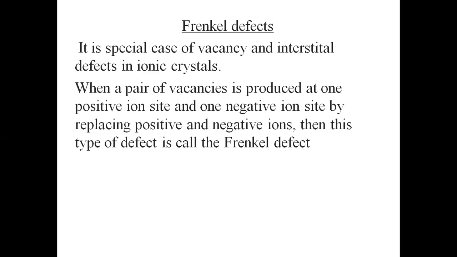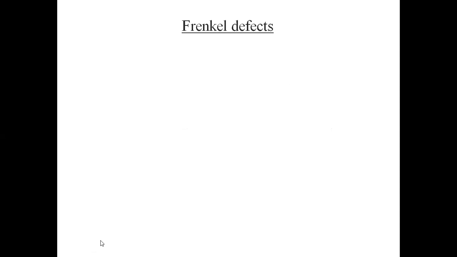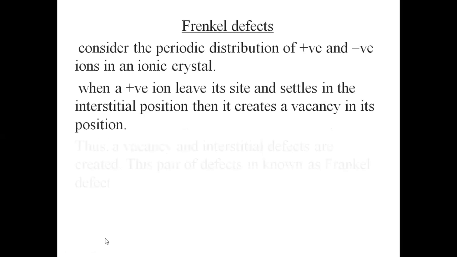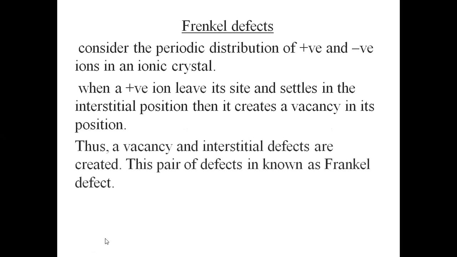The calculation of the equilibrium number of Frenkel defects proceeds along the lines of the previous problems. Consider the periodic distribution of positive and negative ions in an ionic crystal.